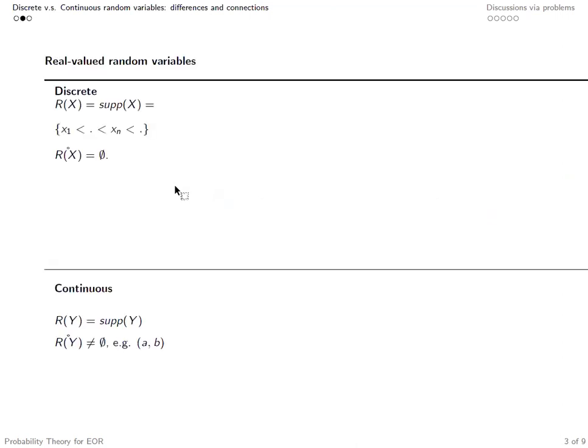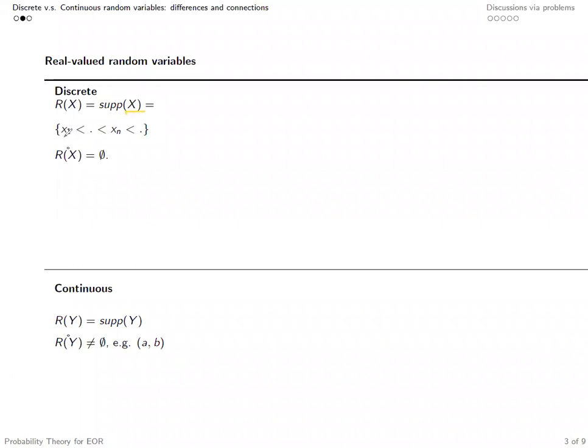So for a real valued random variable, if we look at a discrete random variable, the support of this random variable, or you can consider it as the range of this X function, right? Essentially, the range of this X function, or the support of this discrete random variable X, is a list of numbers.